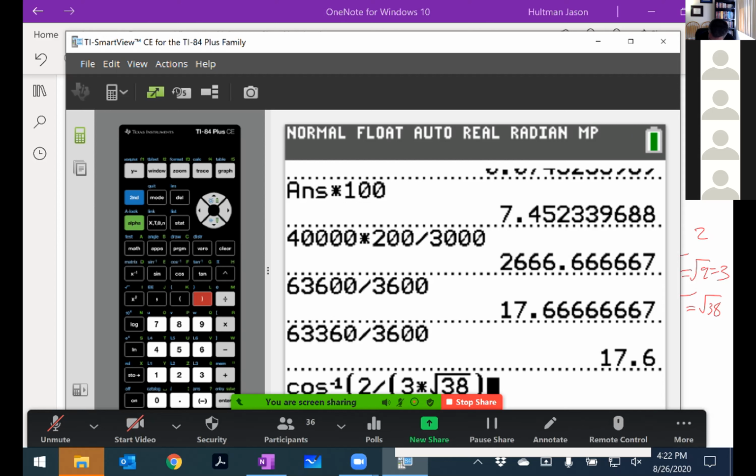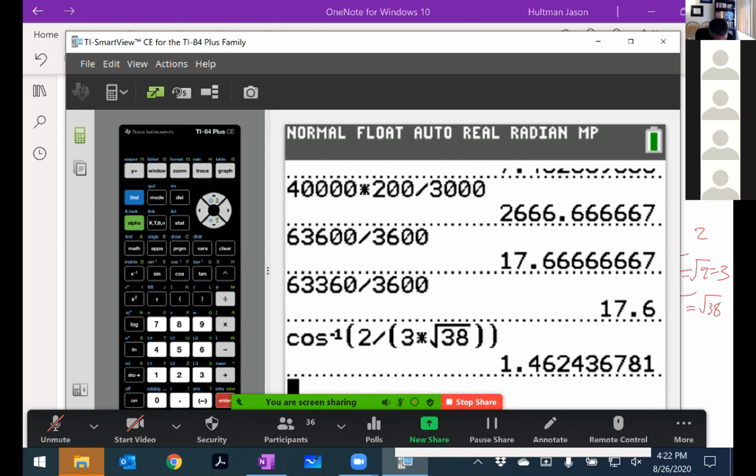Close parentheses, and enter. And I'm getting about 1.462 radians.